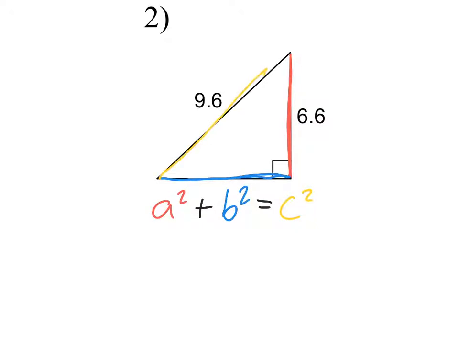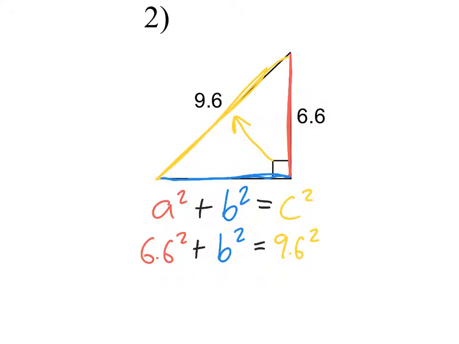And this will be side C because it's the longest side and it's the side opposite of the right angle. So I'm going to start plugging in numbers. We have our 6.6 squared plus, we don't have a value for B yet, so we're going to keep it B squared. And C is going to be 9.6. Square that one. So now I'm going to get values for each of these.